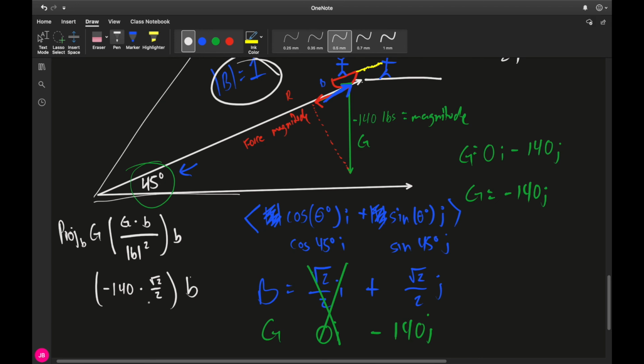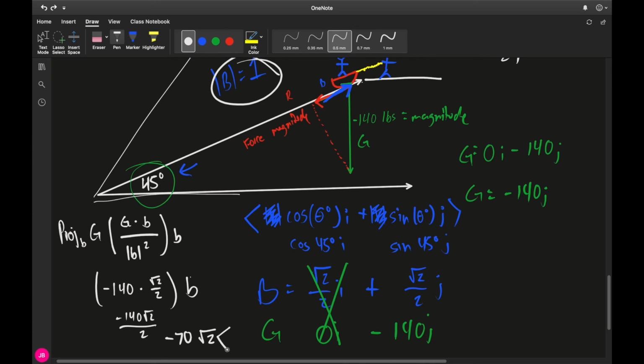What we're going to do at this point is go ahead and multiply both of these, because once again we're trying to find the dot product. So if I actually multiply this out, I get negative 140 times the square root of 2 divided by 2. So I'm going to get negative 70 times the square root of 2 times the component form of b.